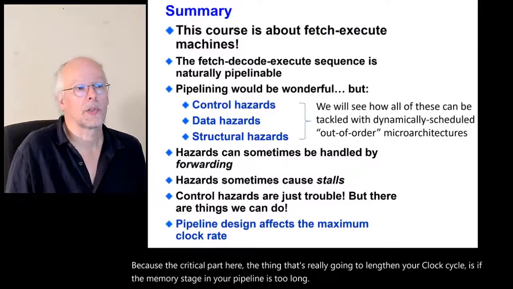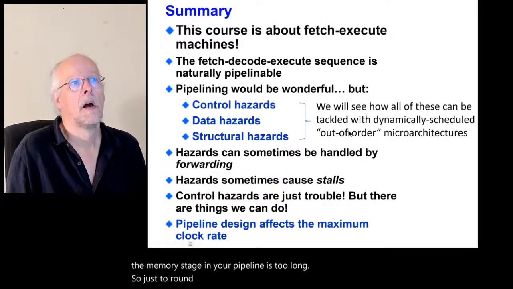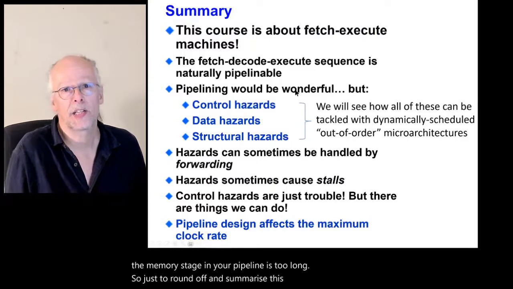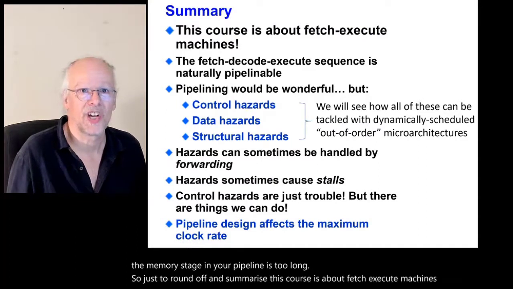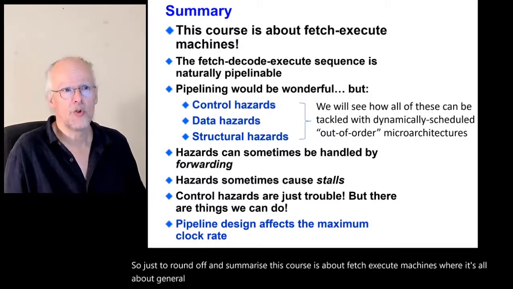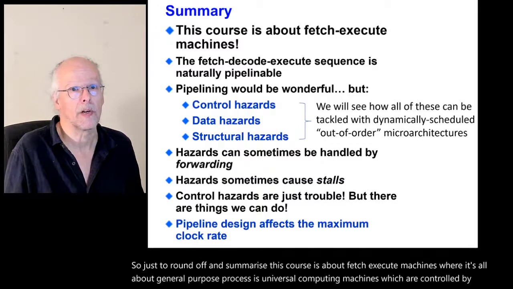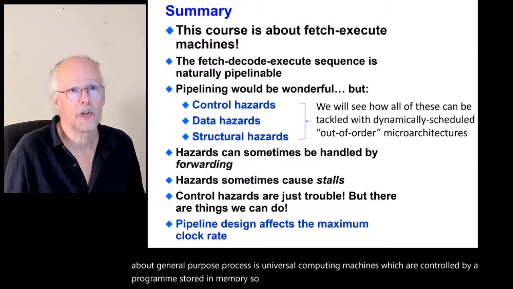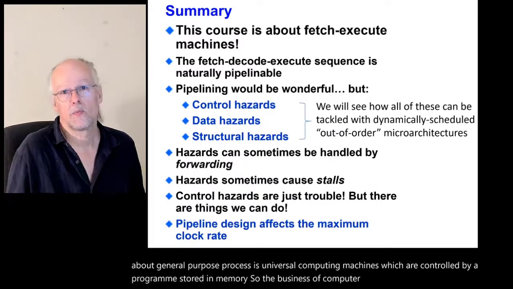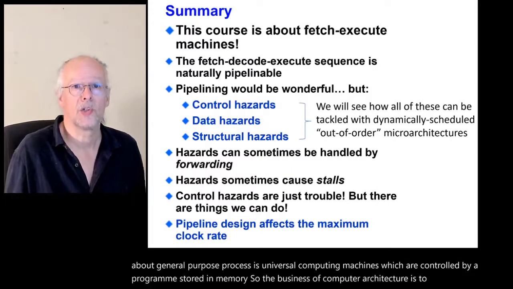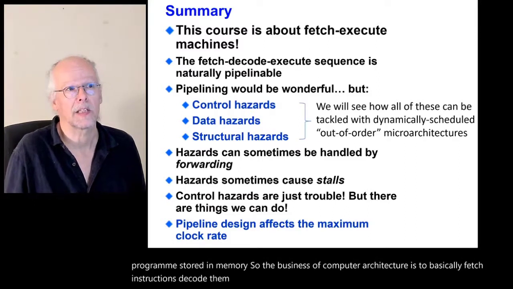So, just to round off and summarize, this course is about fetch execute machines, where it's all about general purpose processors, universal computing machines, which are controlled by a program stored in memory. So the business of computer architecture is to basically fetch instructions, decode them, and execute them as fast as possible.